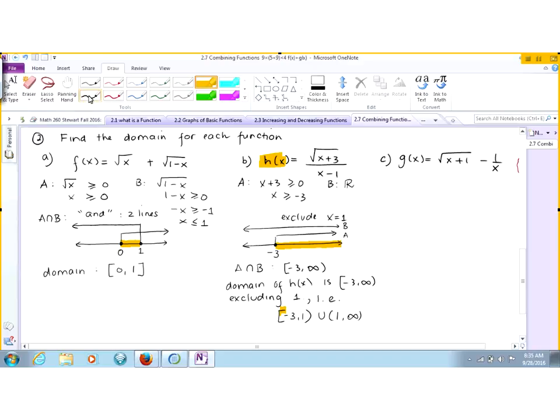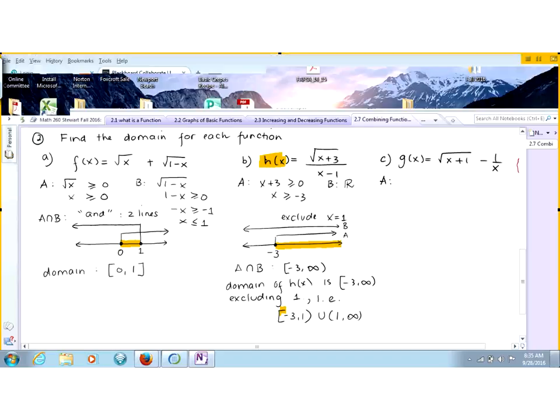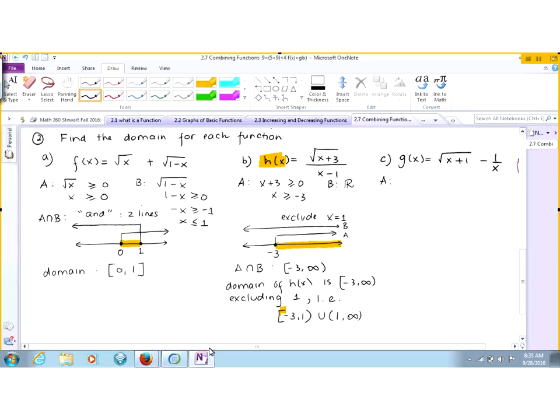How about C? Alright. So, what is A? Oh, okay, what is it? X plus 1 is greater than or equal to 0, so x is greater than or equal to negative 1. Yes. What is B? X cannot be 0. Alright.